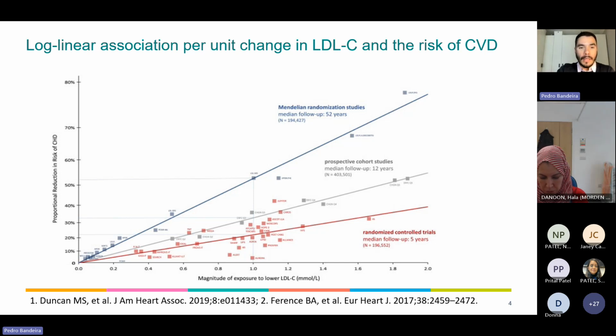You see here in the middle that by reducing LDL by 1 millimole per liter, you have a reduction of cardiovascular disease by roughly 25%. And this reduction is sustained over the years if you continue with the lipid-lowering therapies.